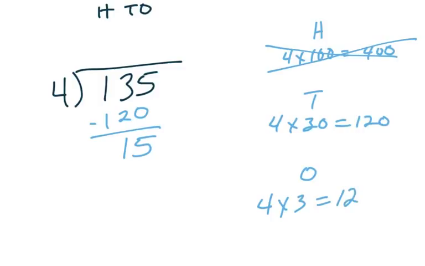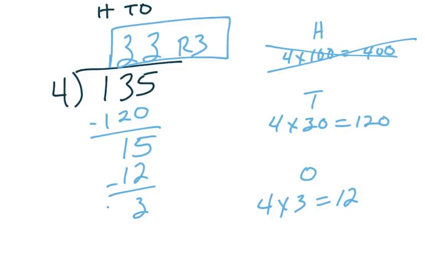That's as close as we can get to 15 by sharing in those 4 groups. So that's 12. Oops, I forgot to put my 3 here. And then I put another 3 here to represent the 3 ones that I shared in each group. So I subtract. That gives me a remainder of 3. So 33 remainder 3.